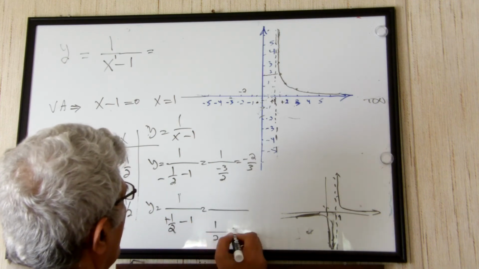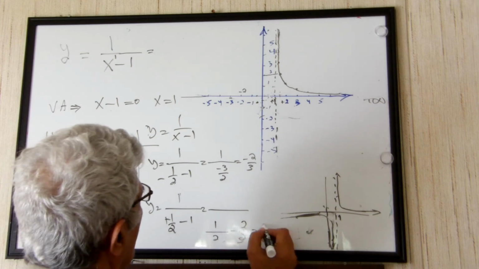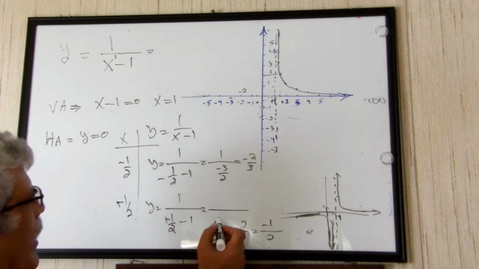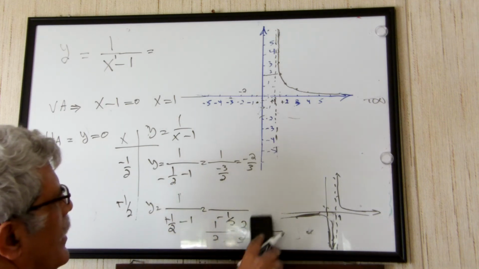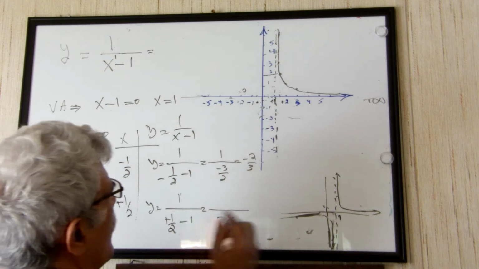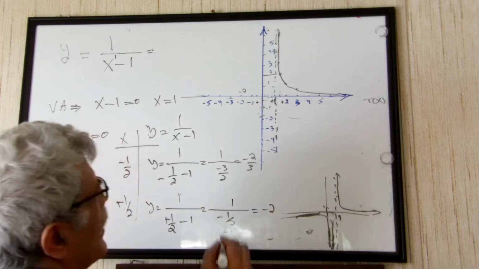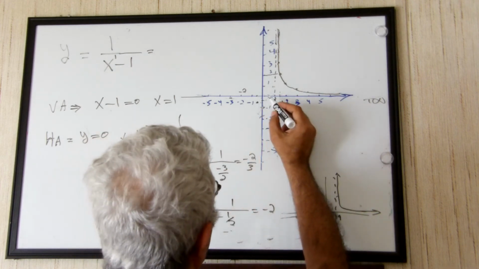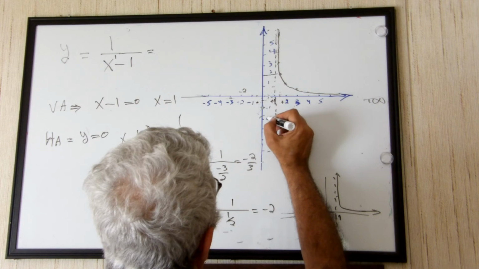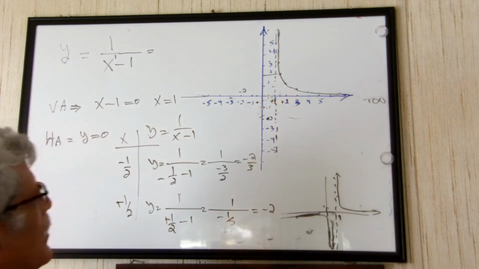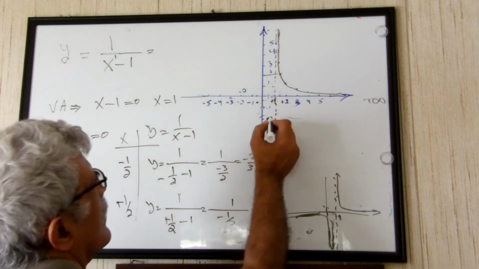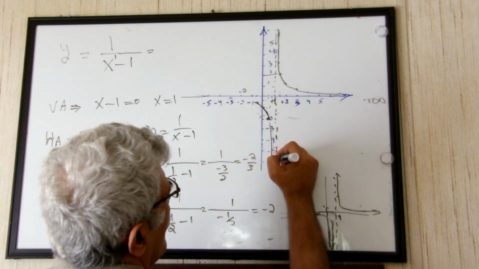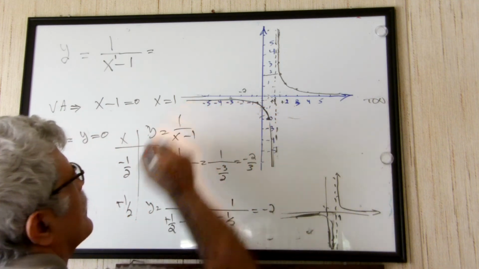So it's going to be 1 over 2 minus 2 over 2, which is equal to minus 1 over 2, and then inverted is going to be minus 2. So at x equals 1 over 2, y is going to be minus 2. It's a point here. And also we know that this is going to go this way, going to go this way.